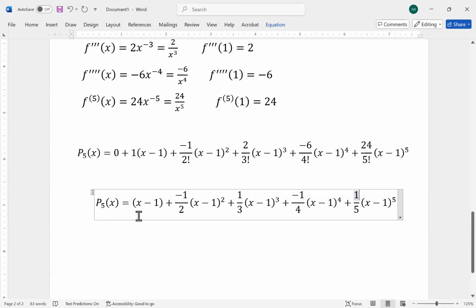So simplified, we get x minus 1, coefficient is 1, then -1/2 times x minus 1 squared, and then positive 1/3 times x minus 1 to the third, and then negative 1/4 times x minus 1 to the fourth, and then positive 1/5 times x minus 1 to the fifth. So that's our fifth degree Taylor polynomial, simplified.